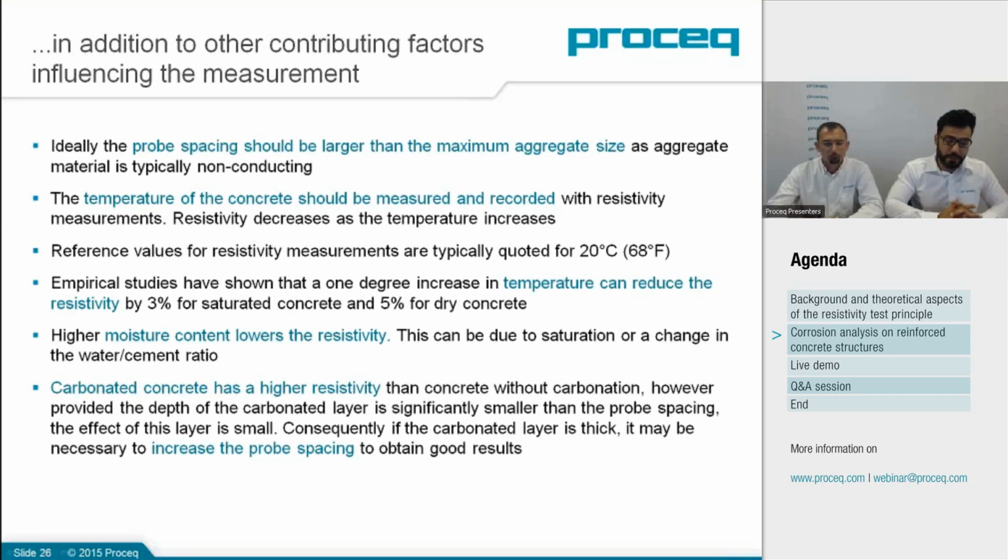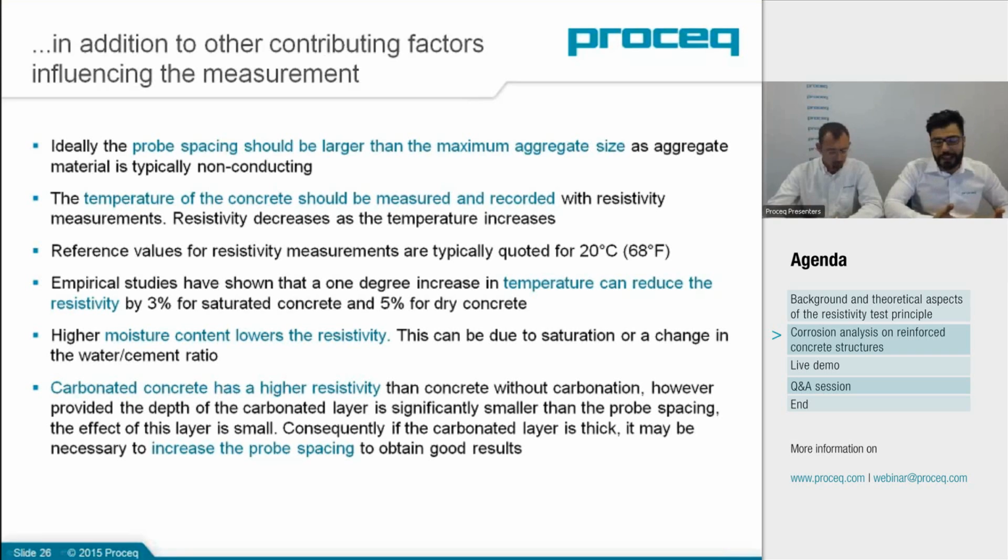Environmental temperature we covered earlier. That is one of the main factors contributing to our measurements. As an example, the reference values given for resistivity are around 20 degrees Celsius, which reflects the lab environment.